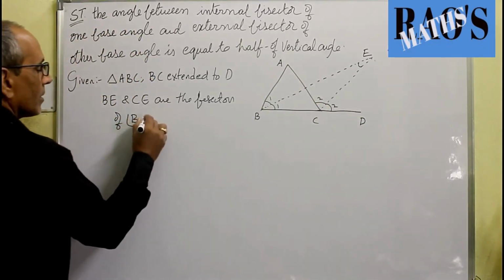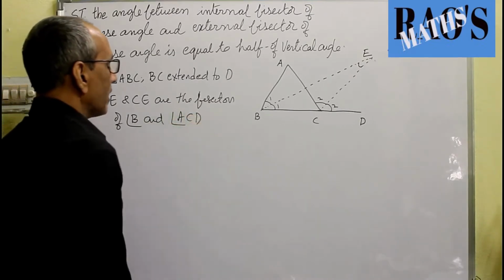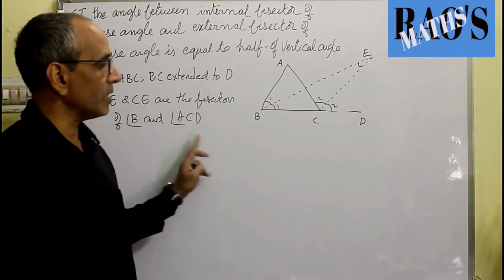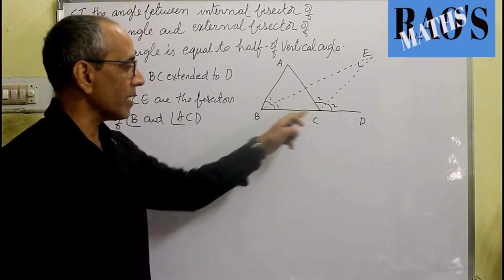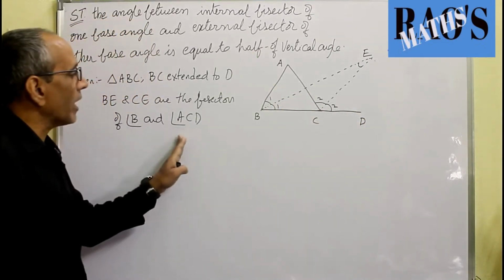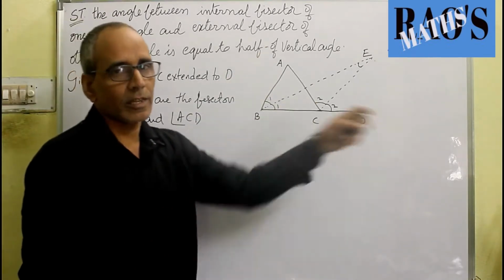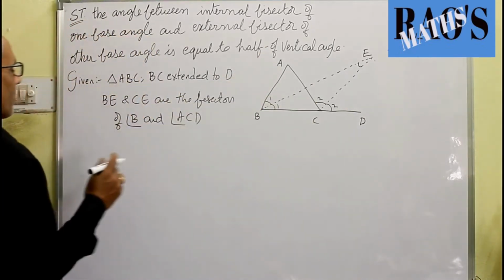Don't mention just angle C here, because angle C means we may have two, that is ACB and also ACD. Clearly write which angle is being bisected by CE, that is ACD, the exterior angle. So this is the given part.